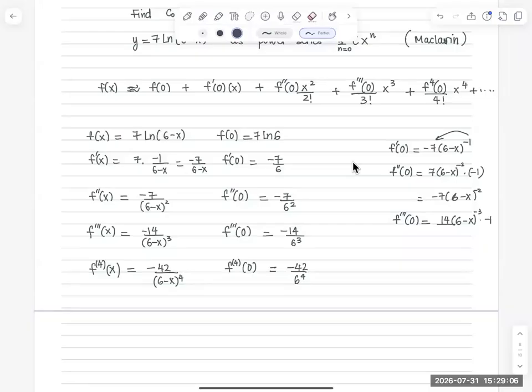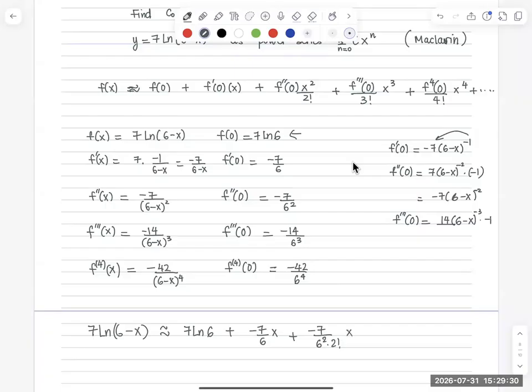So that means our f of x, 7 ln of 6 minus x, can be written as 7 ln 6, because that is f of 0, plus negative 7 over 6 x, plus f double prime, negative 7 over 6 squared times 2 factorial x squared, plus negative 14 over 6 cubed times 3 factorial x cubed, plus negative 42 over 6 to the power 4 times 4 factorial x to the power 4.